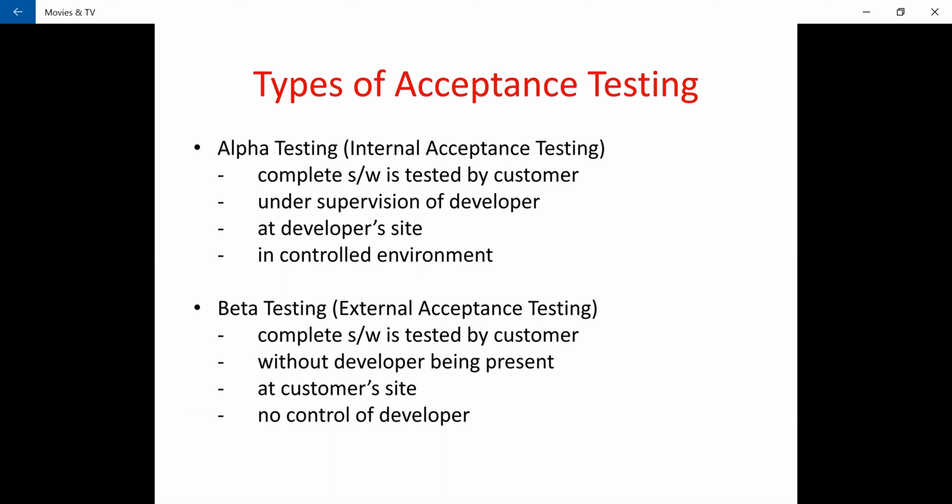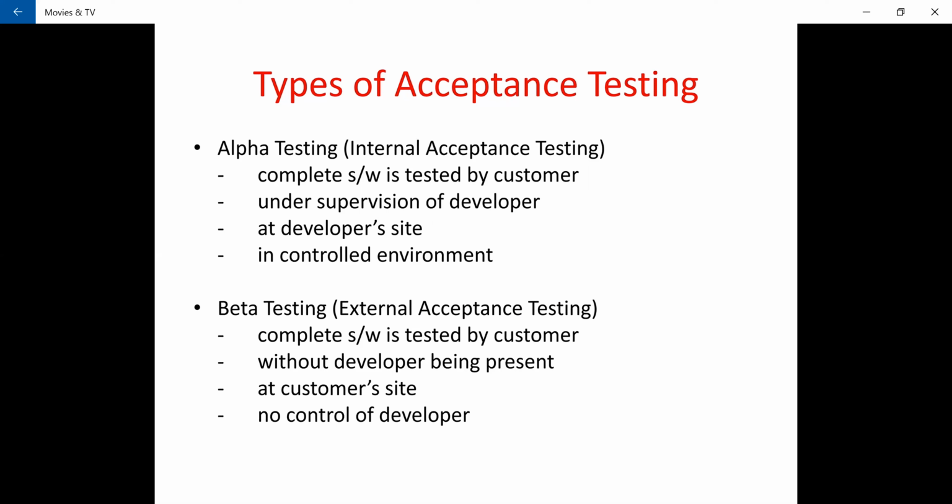That is called alpha testing. The software is tested by the user under the supervision of the developer at the developer site, which is a controlled environment.